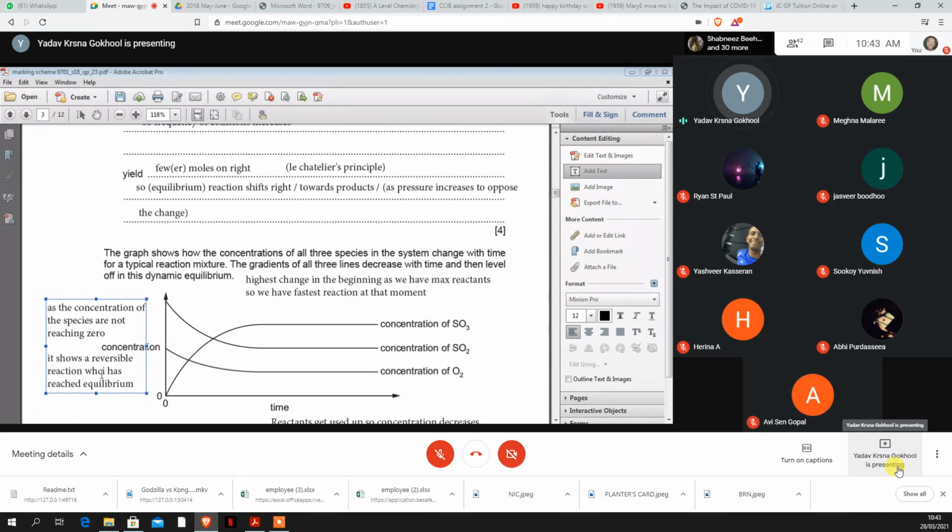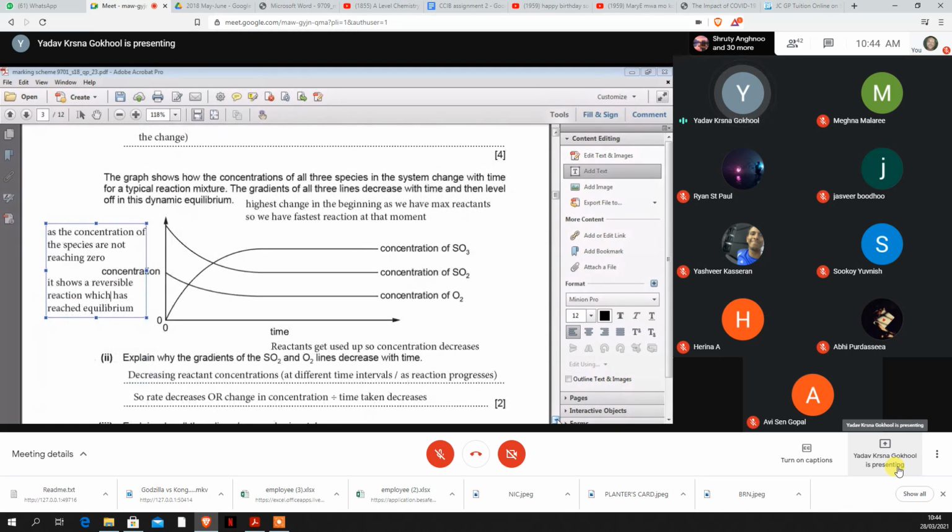Now in this question, the first part: explain why the gradients of SO2 and O2 lines decrease with time. I would just write it down. I'm just talking about the reactant.